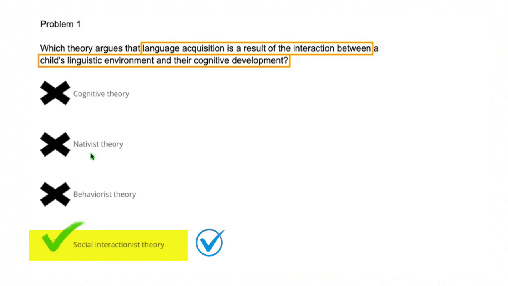Nativist tells us it has something to do with an innate ability. Behaviorist has to do with learning behaviors, not language. And social interactionist theory connects both the linguistic environment with the social, the communication, and the cognitive development to language acquisition. So that helps us confirm that social interactionist theory is the correct response.